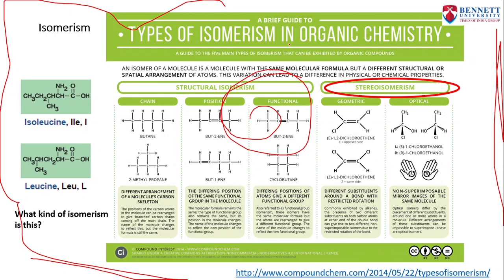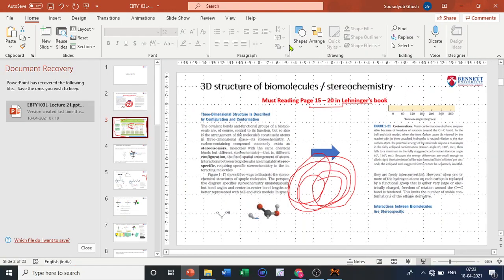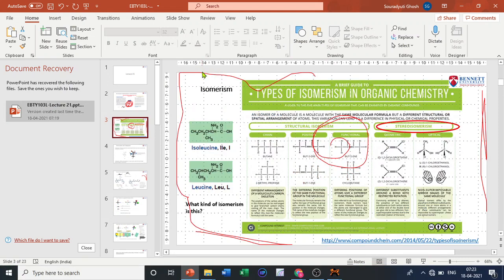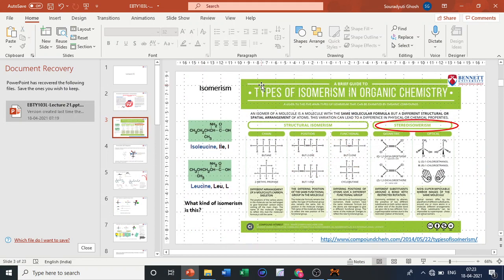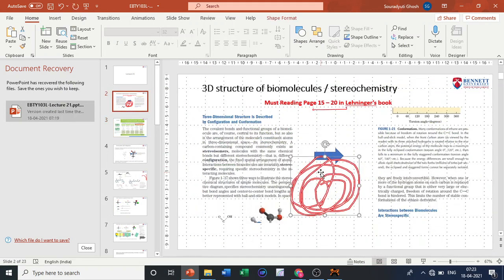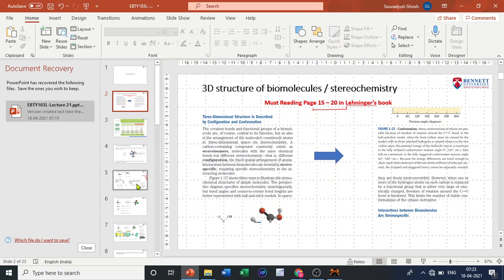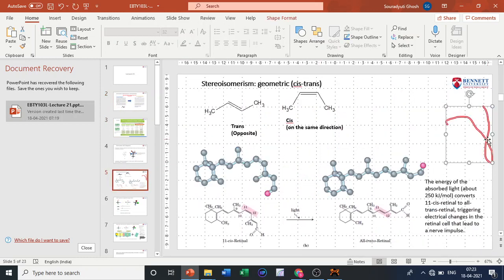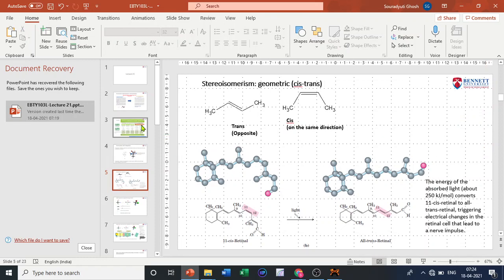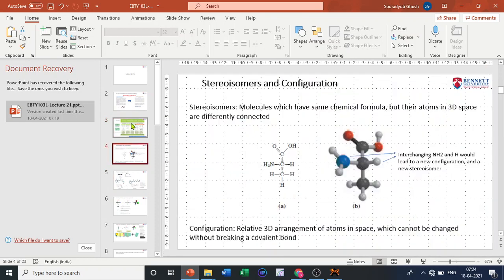So let's understand what we are going to discuss today. We are going to discuss something called isomerization and what isomerization is about. What are the various types of isomerization one can encounter in a molecule?